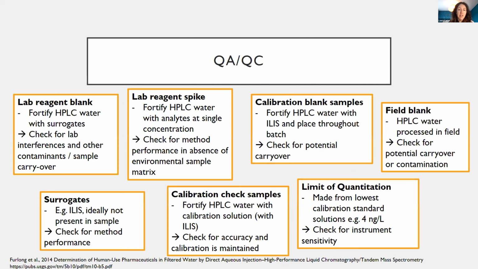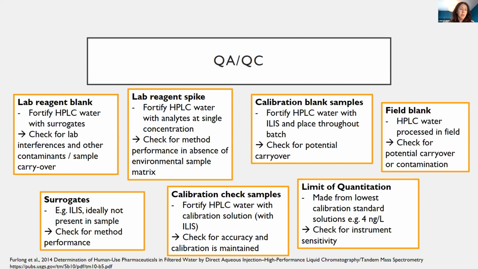Another useful source when thinking about quality assurance and quality control is the paper by Ed Furlong, looking at using mass spectrometry for the determination of human pharmaceuticals in filtered water. Here they go into quite a lot of detail about the different types of QA and QC samples and when these need to be used.